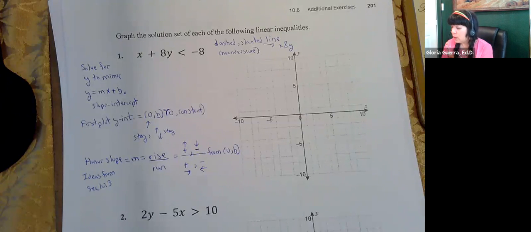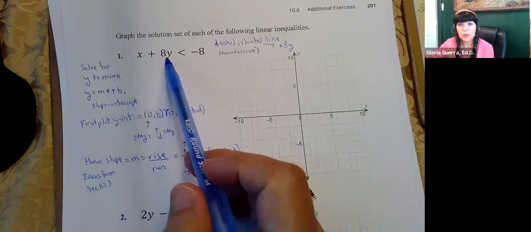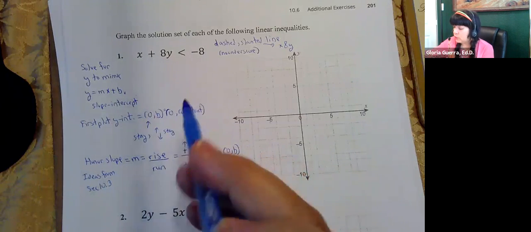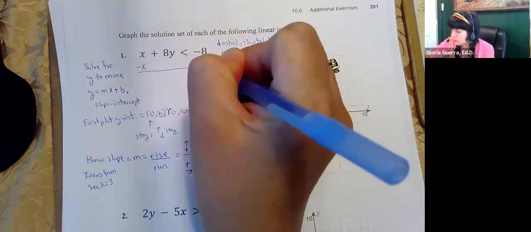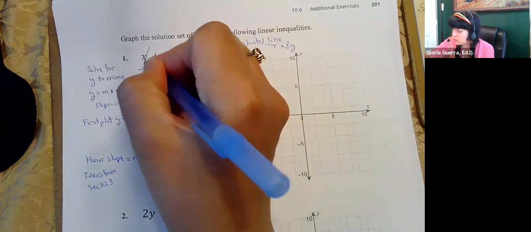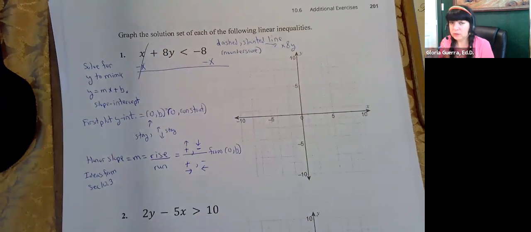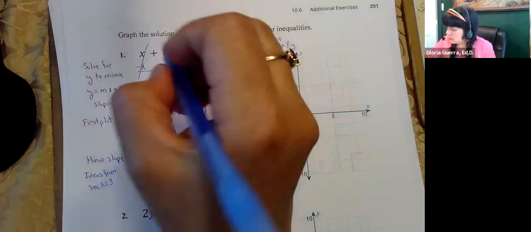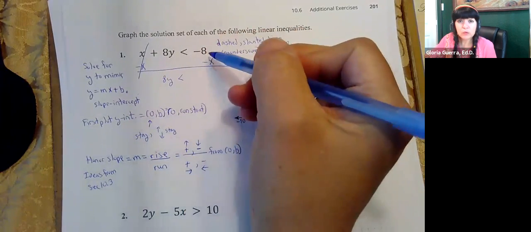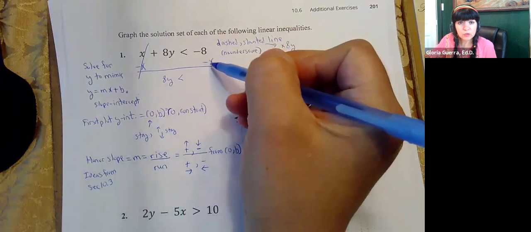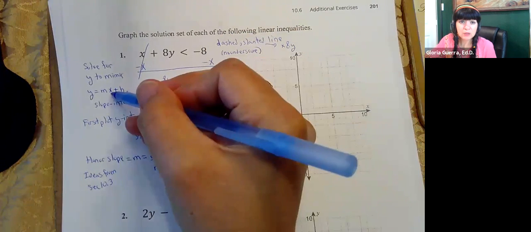To solve for y, you want to isolate your y. So you have the 8y and the x. First, you should use opposites and move the x over by adding opposites. The opposite of x is take away x, minus x. So then you have 8y is less than. And here, it does matter what you put first. You're trying to mimic mx plus b.